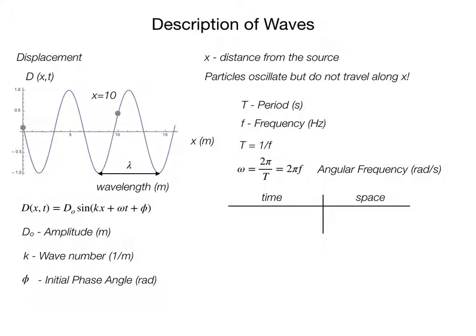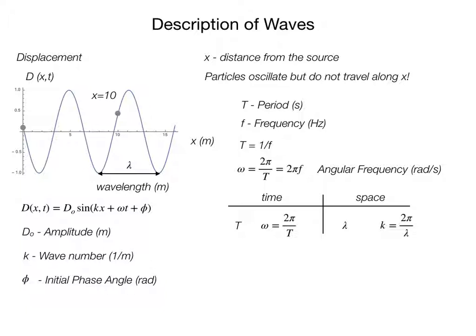And let's look at an interesting pattern. The waves have symmetry: they actually repeat themselves not only in time but in space, where in time we have the period T. In other words, a particle will complete its motion and repeat an identical second cycle after T seconds.